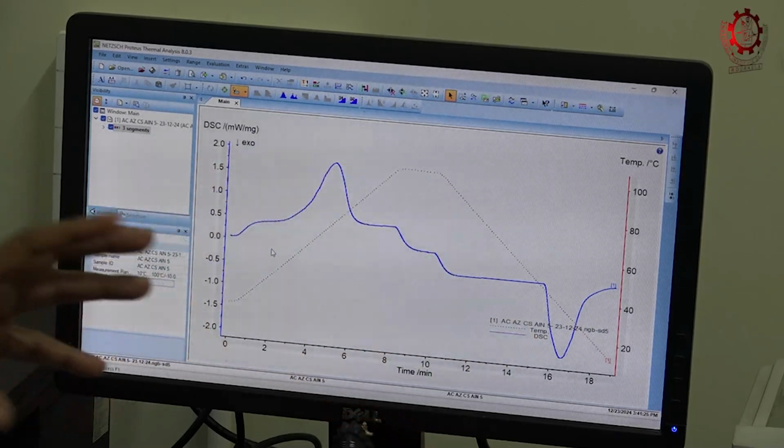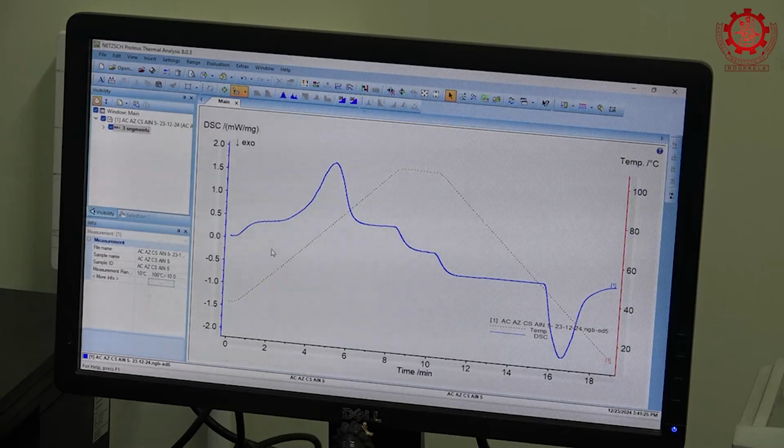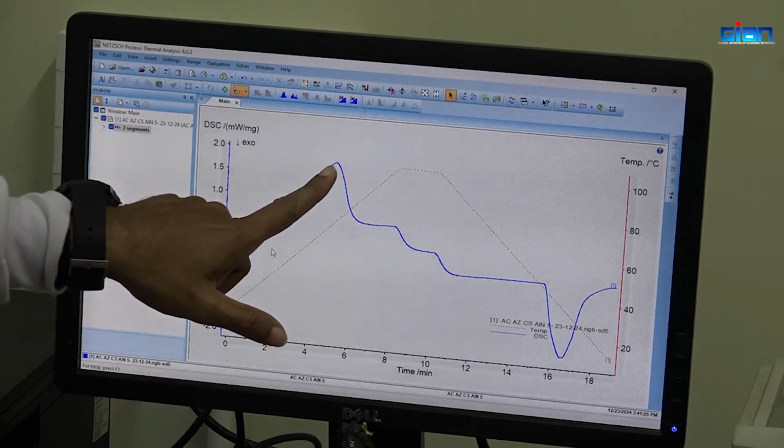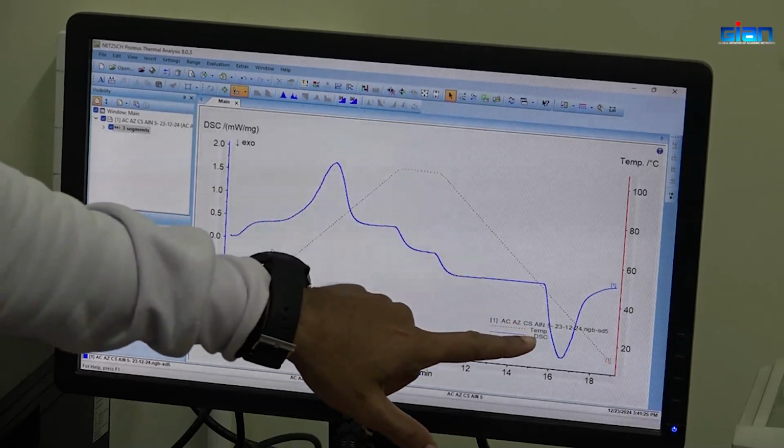Actually, a thermogram consists of mostly two events. One event is an endothermic event, and another one is exothermic. In an endothermic event the sample absorbs heat. That means more heat is supplied to the sample, and the peak always points upward. That means this is endothermic. In exothermic, the opposite case.